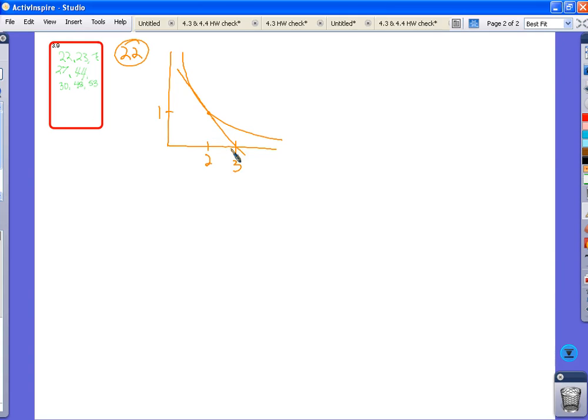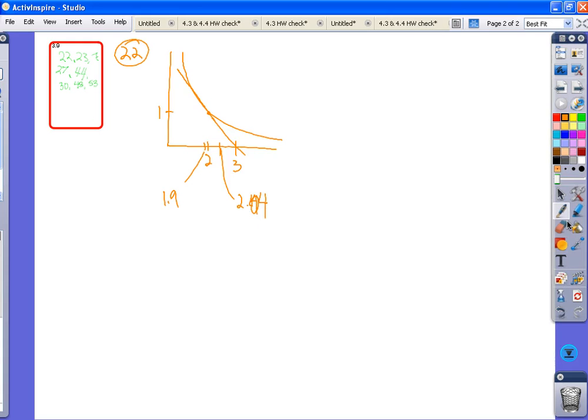So this is 2, so of course 1.9 would be somewhere right there. 2.4 would be pretty far away, it would be right there. It's not going to be a very good approximation. 1.9 would be a little better. 2.04 is not that far away, but farther than 1.9.